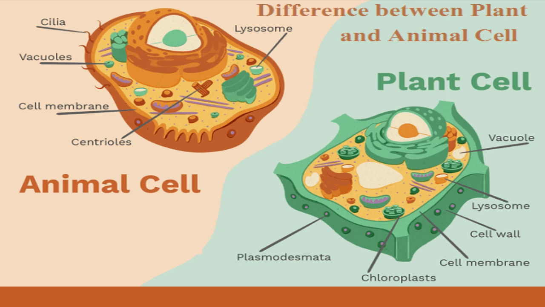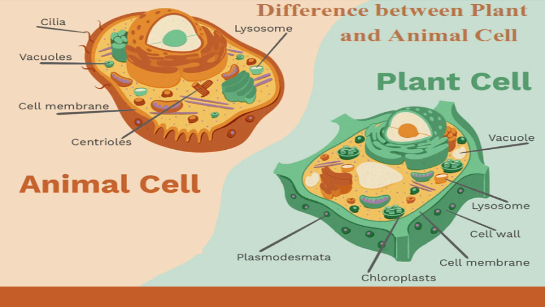Chloroplast is present in the plant cell, absent in the animal cell. Like this, centriole is present in the animal cell, absent in the plant cell. Vacuoles are present, lysosomes, etc. So you can differentiate between the animal cell and the plant cell.